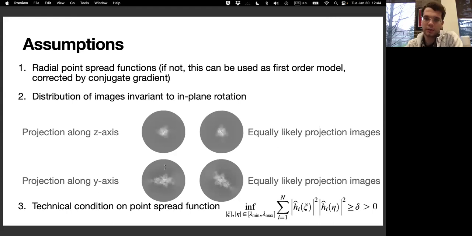They can be completely different. But what's typically the case in these data sets is that this thing here, and anything you can get by just rotating this image around its axis, like this, should be equally likely. And in the same way, this should be equally likely to that. That just happens to be the case physically. Okay, and then there's one more technical condition that we don't have to.